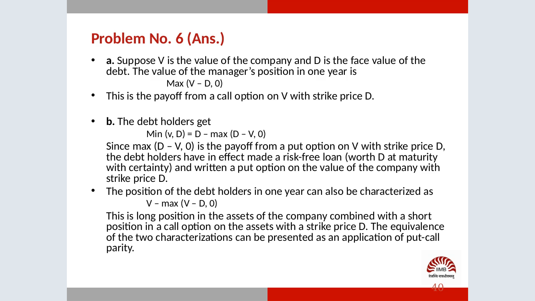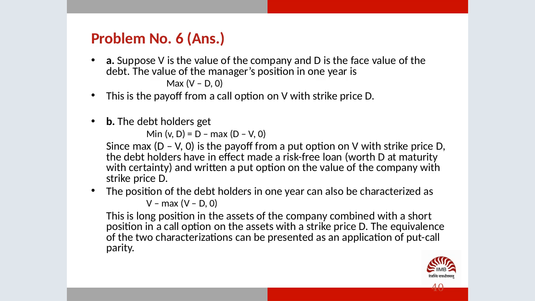So when V is greater than D, you are getting max of D minus V and 0, which is max of a negative term and 0, so it is 0. D minus 0 is D, so you get D. If D minus V is positive, what are you getting? You're getting D minus V, but that means you're getting D minus (D minus V).